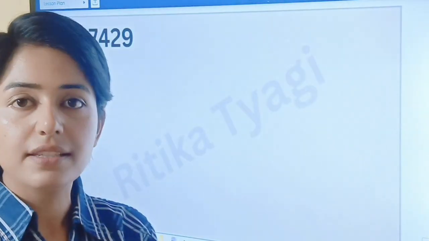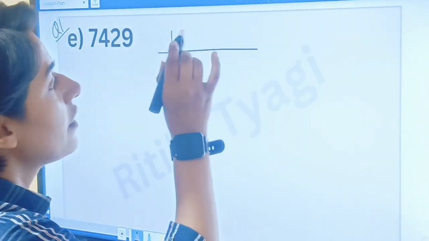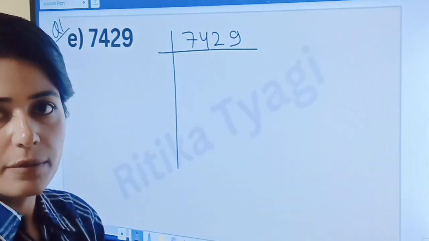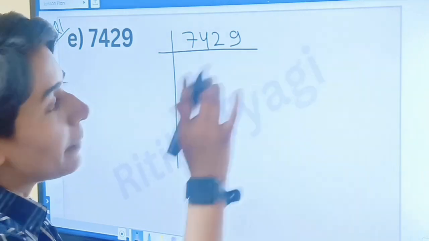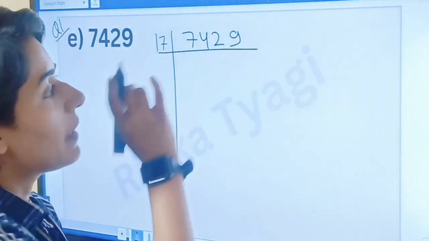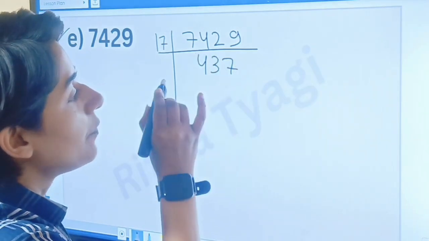We have to factorize part E, that is 7429. This number is odd and it is not divisible by 3, not by 5, not by 7. It is divisible by 17 and we get 437.